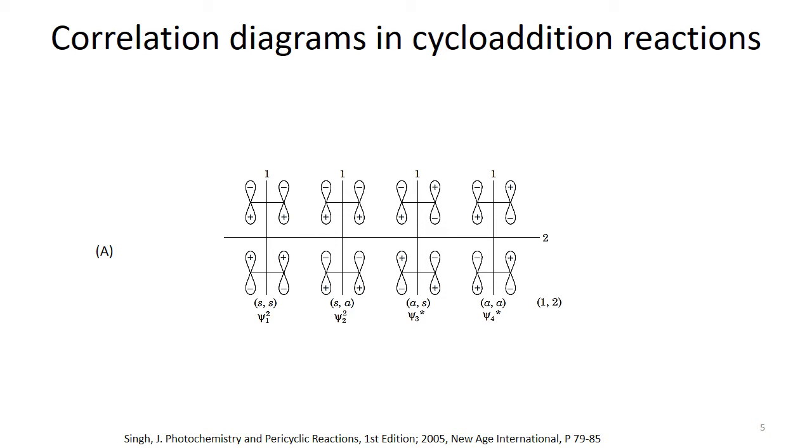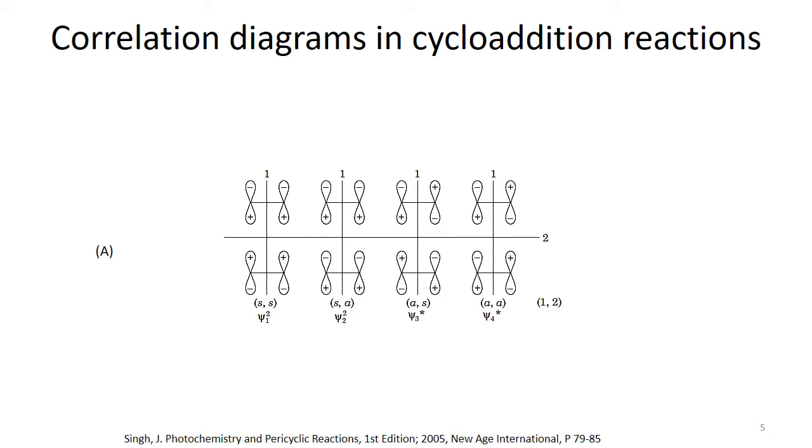In the case of antara interaction and then supra interaction, we have two nodes here. Because in the first case, for psi 1 square, a positive lobe is interacting with a positive, and a positive is interacting with another positive. But if you talk about psi 2 square, then here the interaction means that positive and negative lobes are interacting. It means there is a node here.